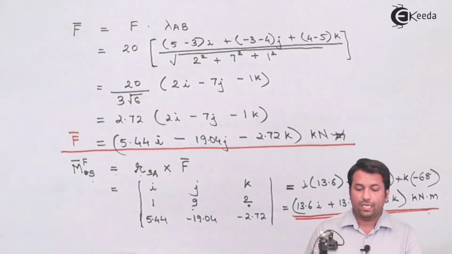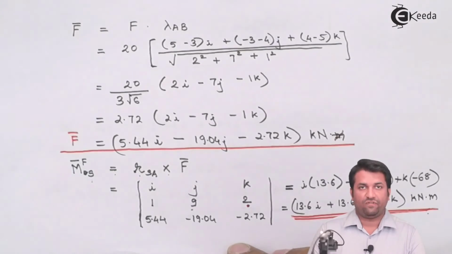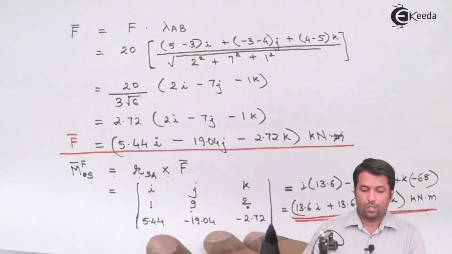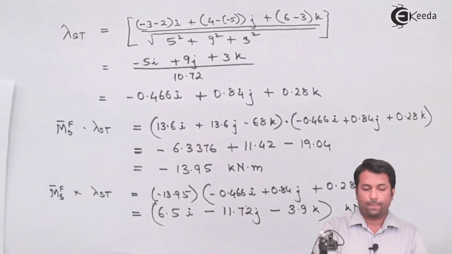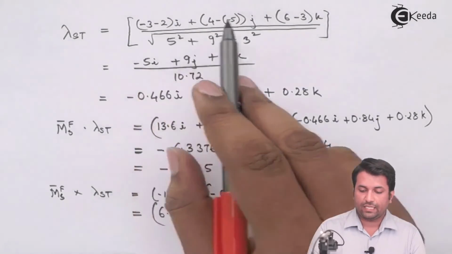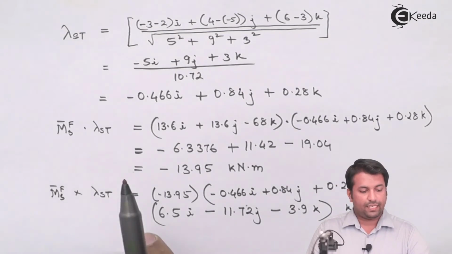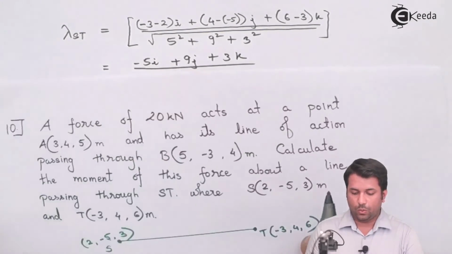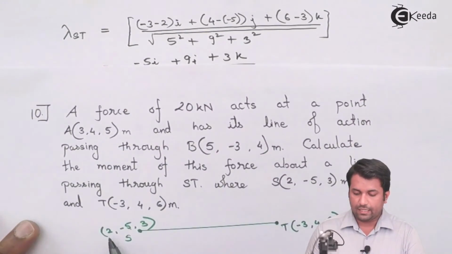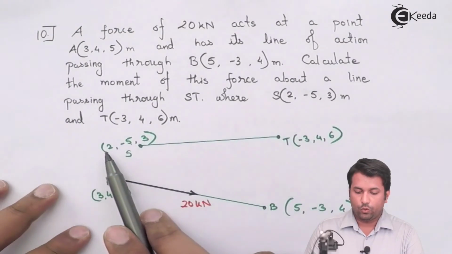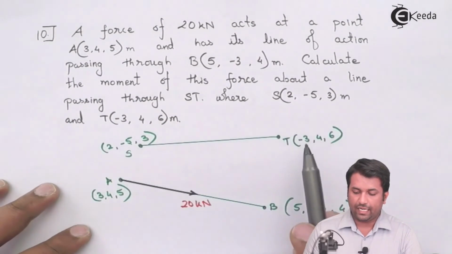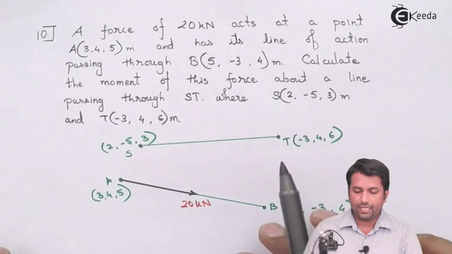To get that, I need to find out the unit vector of line ST. So the unit vector of line ST is calculated over here. The coordinates for S and T are already known to us. S coordinates being 2, minus 5 and 3 and T coordinates being minus 3, 4 and 6.